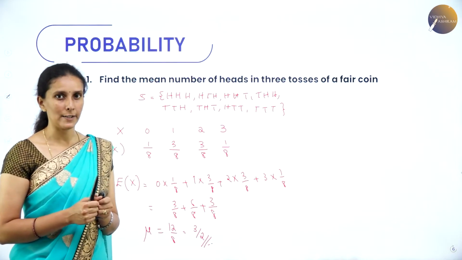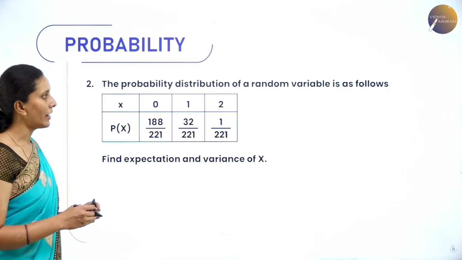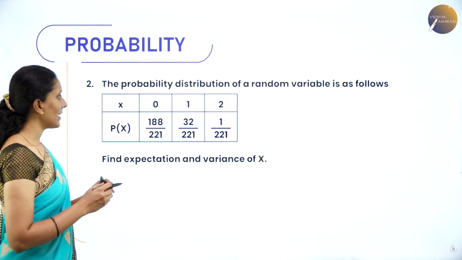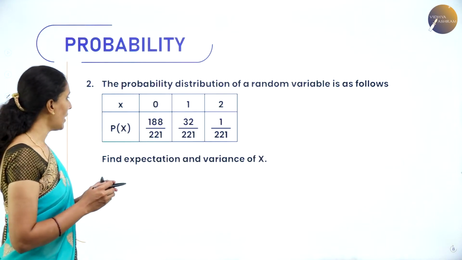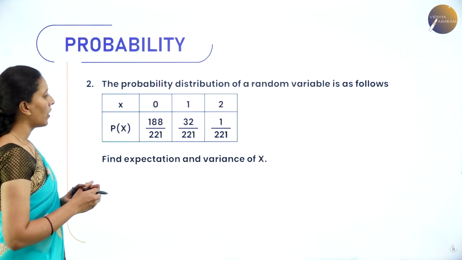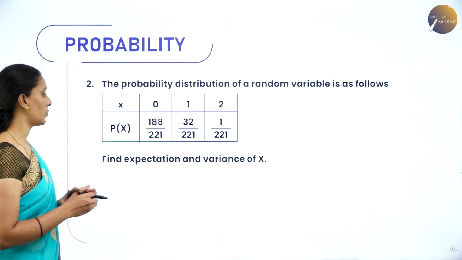Next, the probability distribution of a random variable is as follows. Random variable X is given as 0, 1, 2 and their respective probability values are given as 188 by 221, 32 by 221 and 1 by 221.